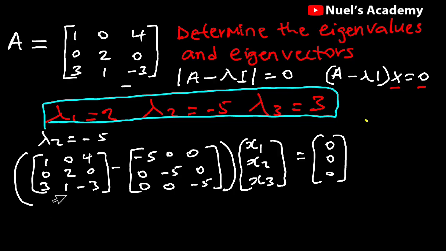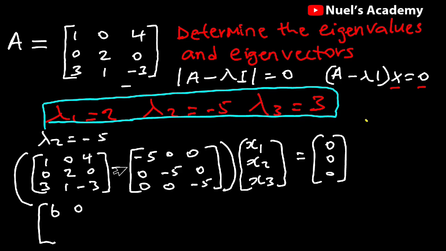So we have 1 minus times minus is plus. 1 plus 5 is equal to 6. Then 0 minus 0 is equal to 0.